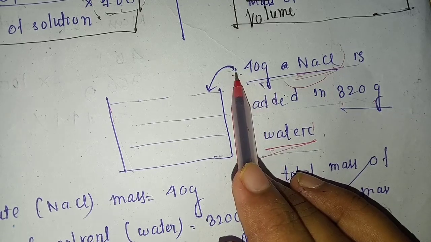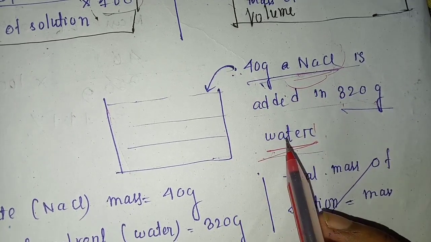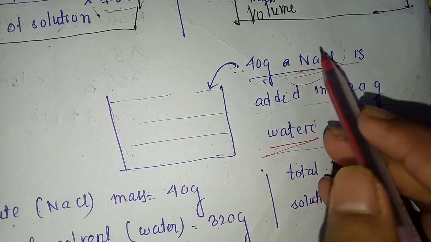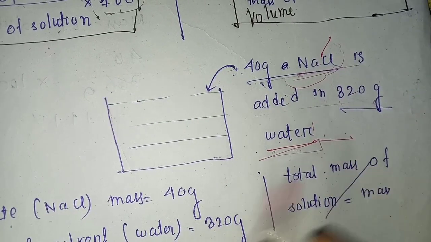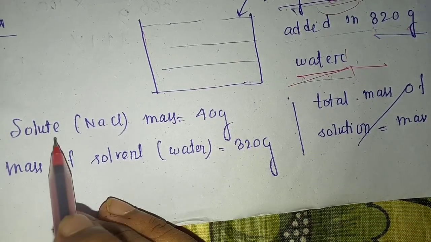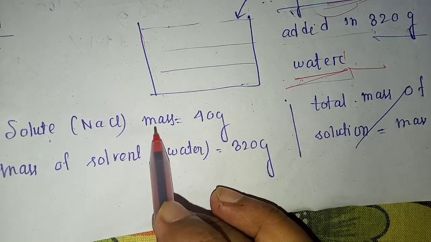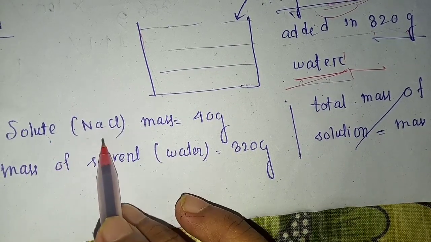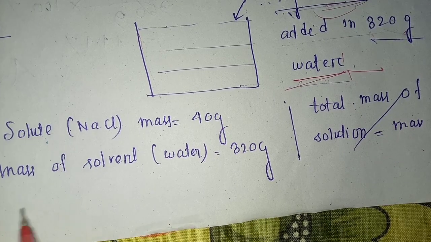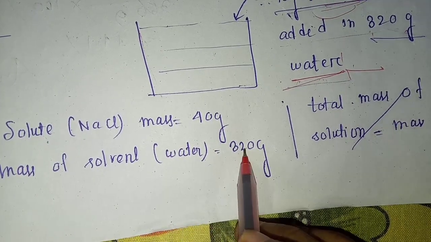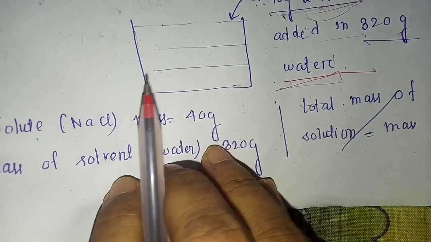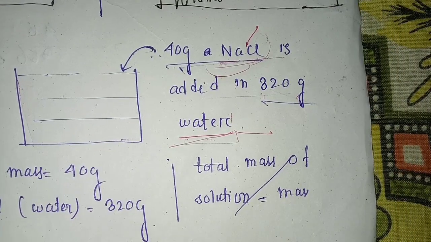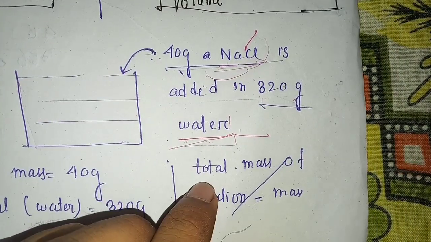It is 40 gram, lesser than the amount of water. Here I have written the mass of solute NaCl is 40 gram, mass of solvent or water is 320 gram. I have been asked to find the concentration of this solution.